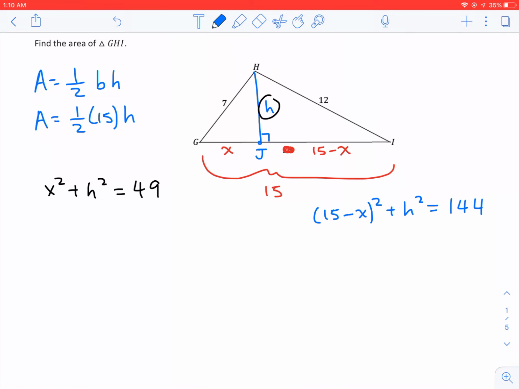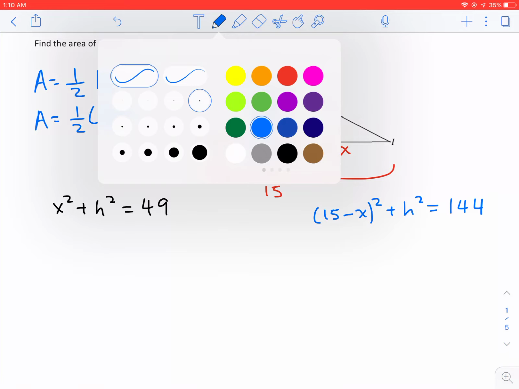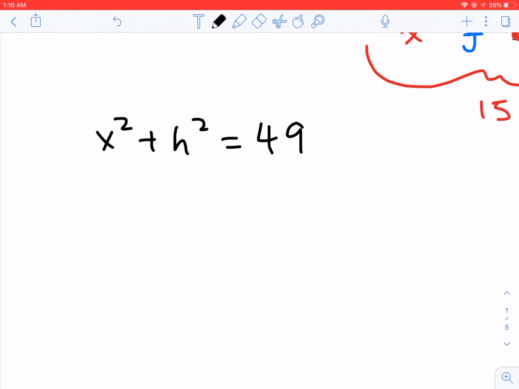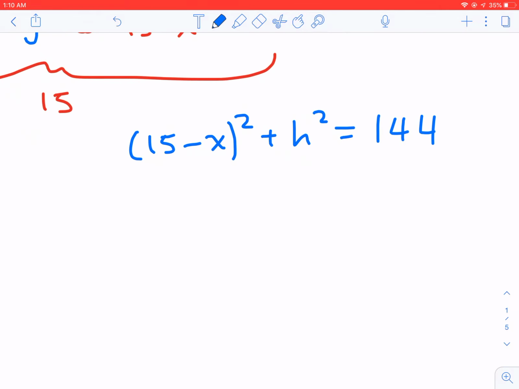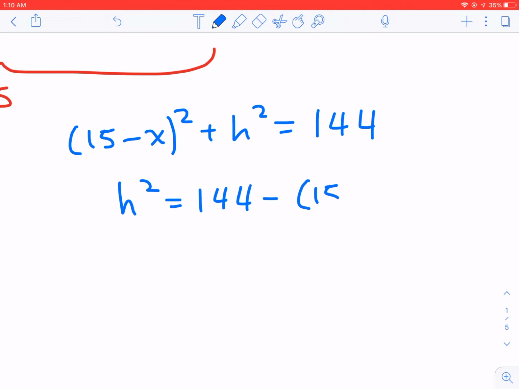Alright, we were trying to solve for the height, so I'm going to solve both of these equations for h squared. So here, h squared equals 49 minus x squared. And in the other triangle, h squared is going to equal 144 minus, I'm going to subtract this quantity from both sides, so minus that entire thing, 15 minus x in parentheses squared.